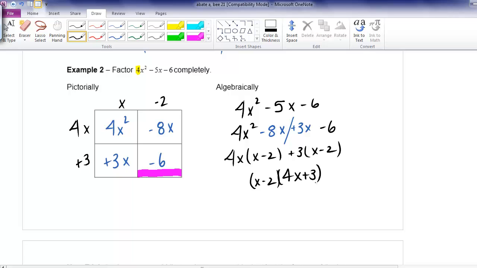Okay, so now what I want you to realize is I have done the exact same thing. But the only thing we really haven't talked about is how to get these. As I said, there are factors of 6 that add up to -5, but they are not the correct ones. So here's our new little wrinkle, our new trick.